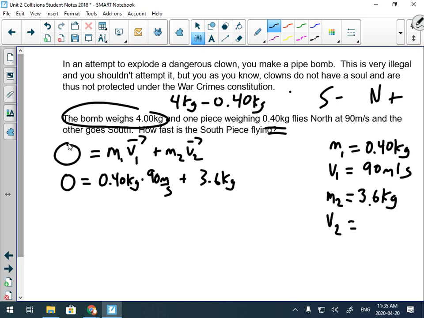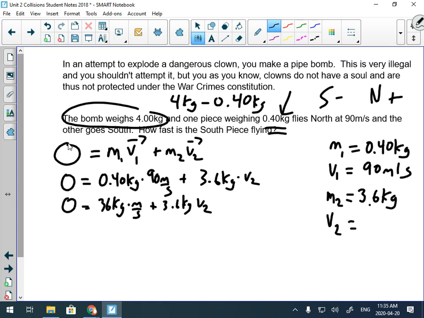And if we know that one piece is 0.4, when we subtract the two, that gives us the remaining mass. And we don't know the speed of the second system. Okay, so we can times out 0.4 times 90, and we get 36 kilograms meters per second plus 3.6 kilograms V2.